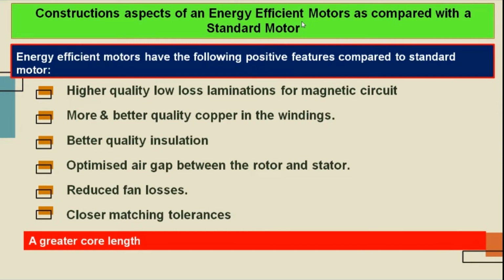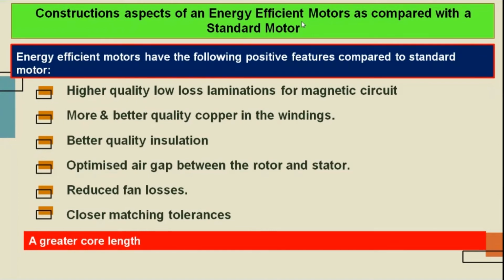There are various standards which are already defined for a standard motor, as well as the new terminology which is coming up, the energy efficient motor. So let us understand the constructional aspects with which the energy efficient motor differs from a standard motor. In case of an energy efficient motor, there will be higher quality, low loss laminations for the magnetic circuit.